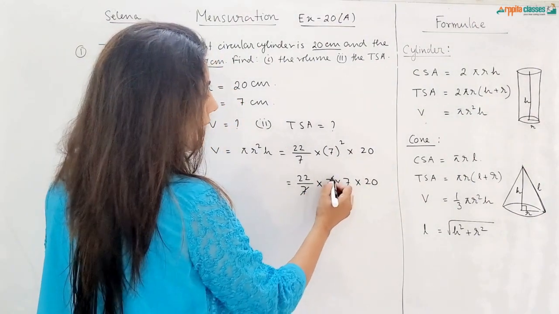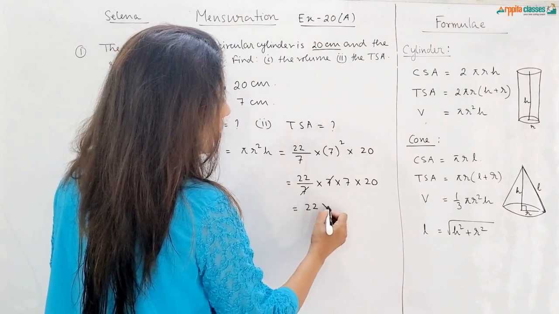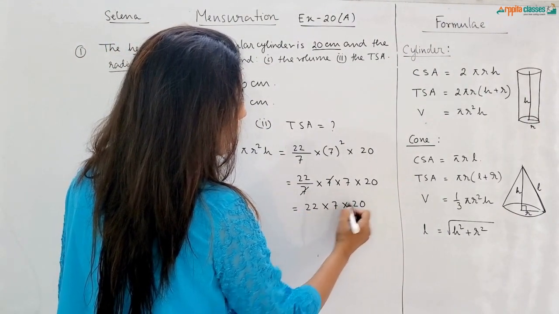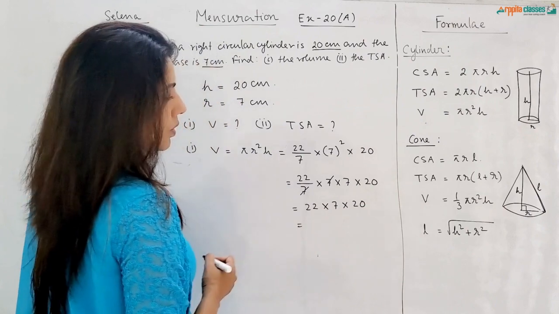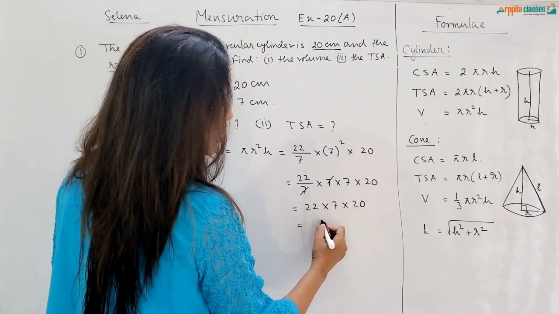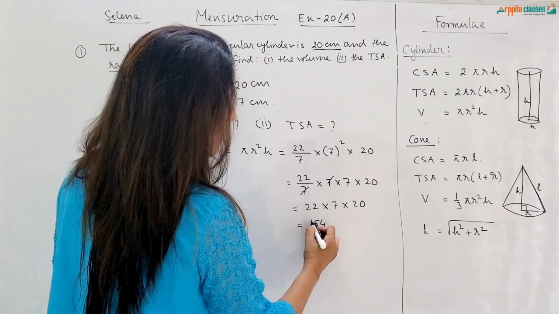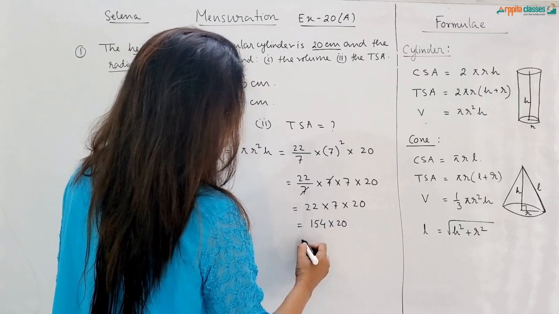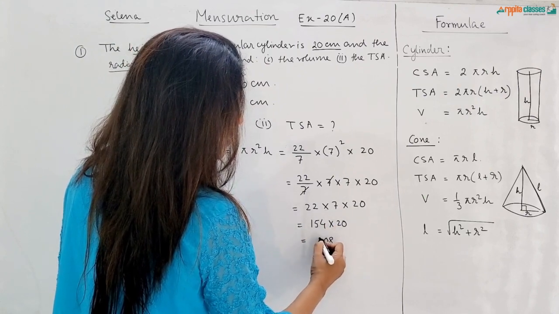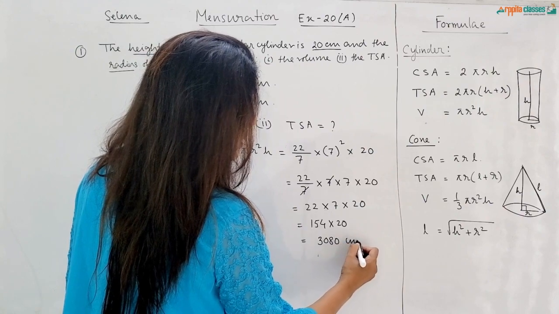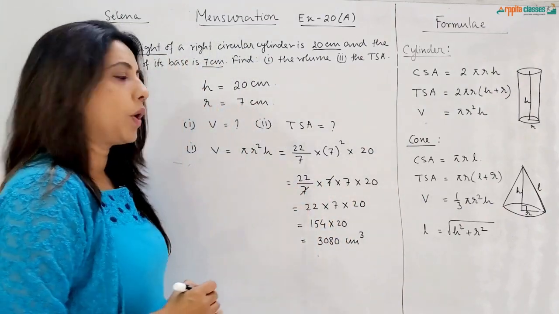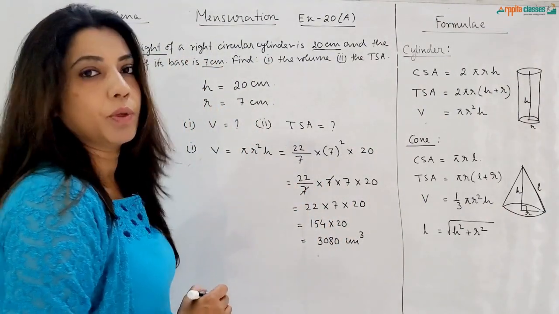One of the 7 will get cancelled over here. So it is 22 into 7 into 20. 22 into 7 is 154 into 20. So that is 3080 centimeter cube. Since it is volume, the unit will be centimeter cube.